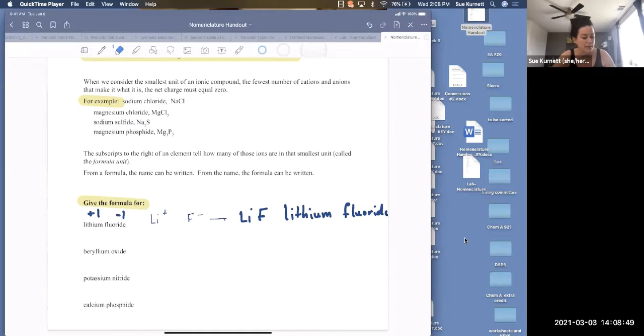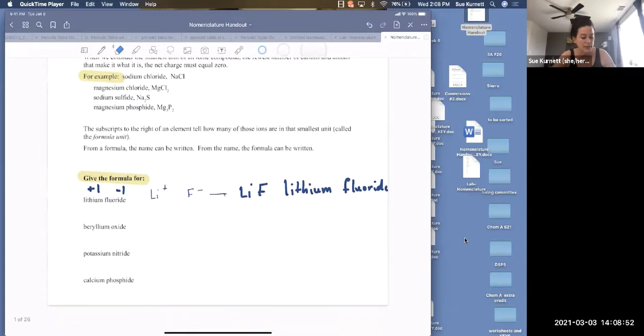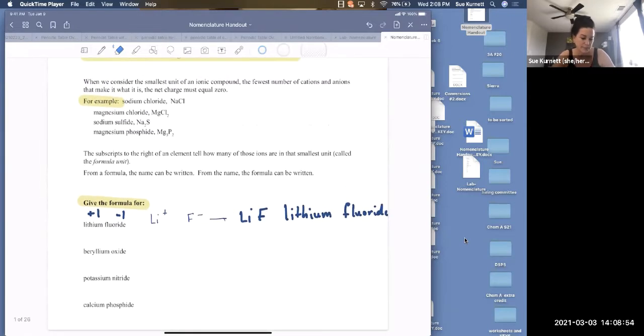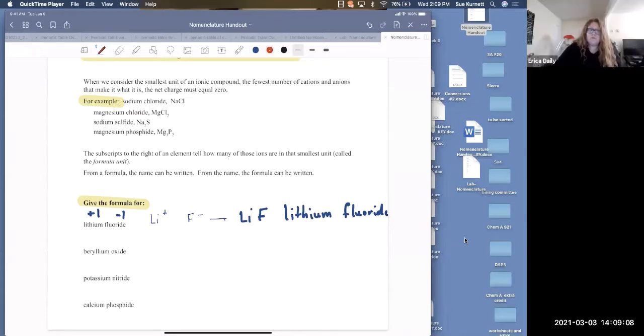Okay, beryllium oxide. Where's beryllium on the periodic table? Group 2A. I think it's element number 4, right? So things in group 2, the alkaline earth metals, when they form ions, what charge do they have? +2. Perfect. Oxide, where is that?